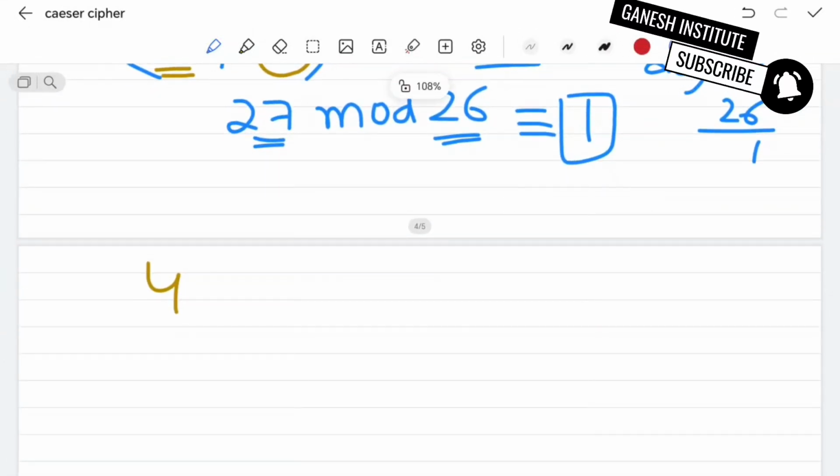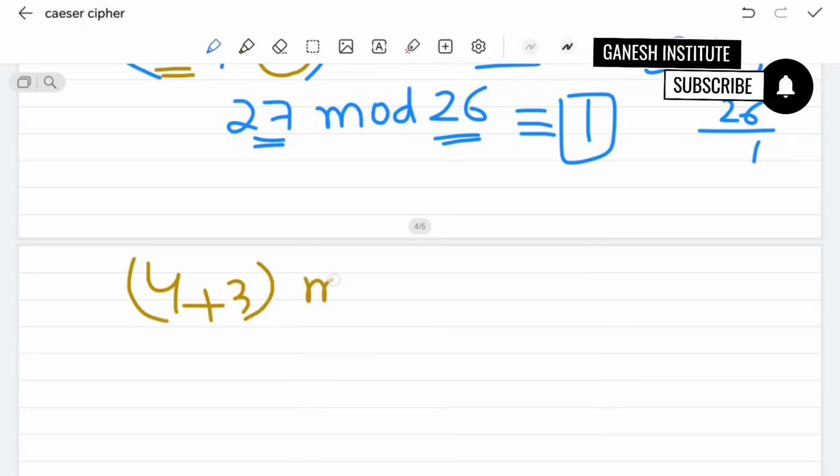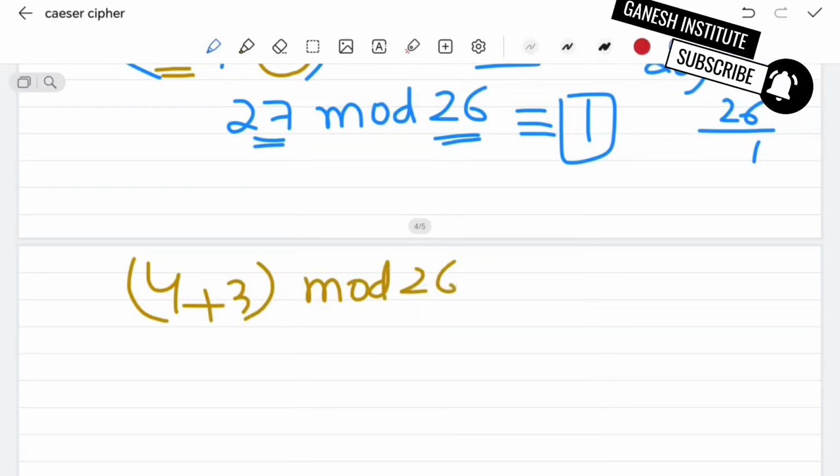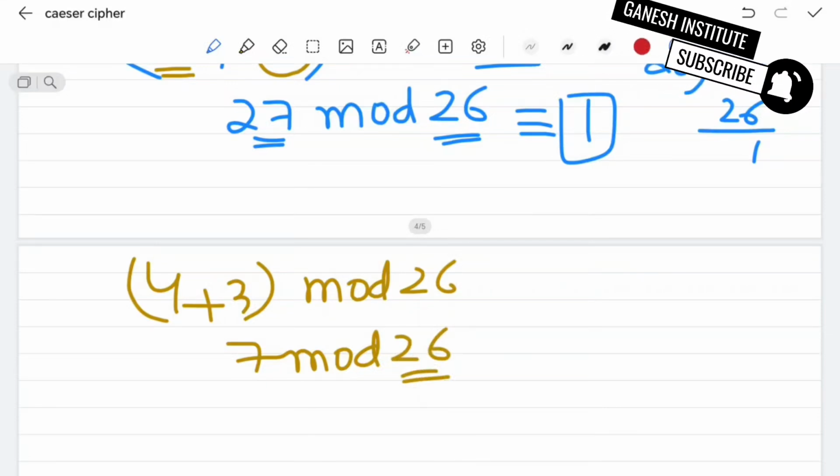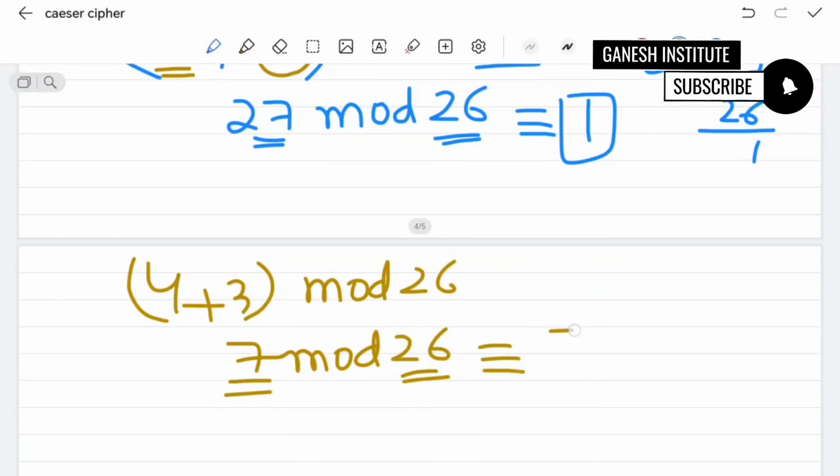So 4 plus 3 modulo 26 is 7 modulo 26, and since 26 is greater, the remainder will be 7 only.